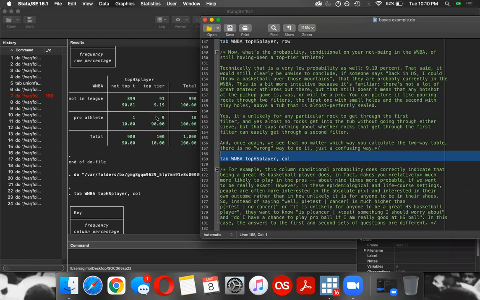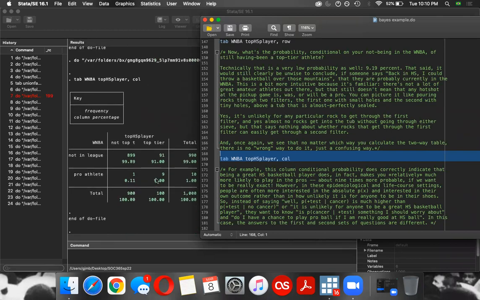So here, this made it seem like, well, it's really rare for you, if you're not in the WNBA, to have been a top tier player. So were you really a top tier player, or are you sure you're not secretly in the WNBA? But those would be unwarranted conclusions. It just stems from this kind of funny way of calculating this.